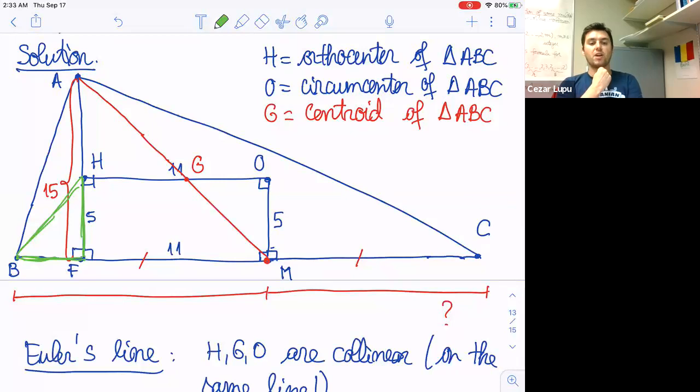Because I want to get some information about BF, right? Keep in mind that we're chasing this line segment here, BC. We want to find as much information as possible. I need to find something about BF, I need to find something about MC, and that's it. I can add them, everything. So let's look. I'm looking at this triangle, BFH, a right angle triangle.